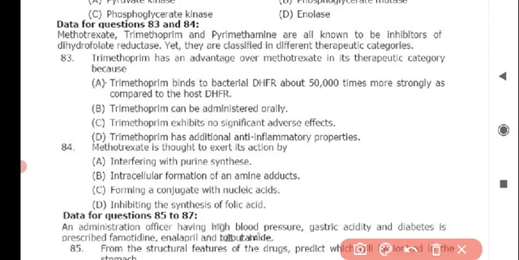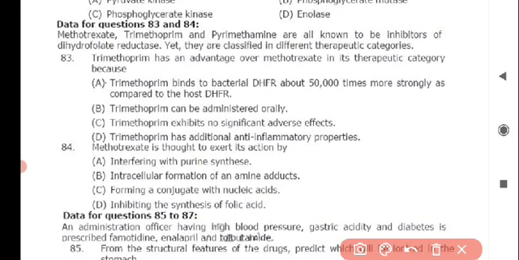Next statement is, methotrexate, trimethoprim and pyrimethamine are all well known to be inhibitors of dihydrofolate reductase, yet they are classified in different therapeutic categories.